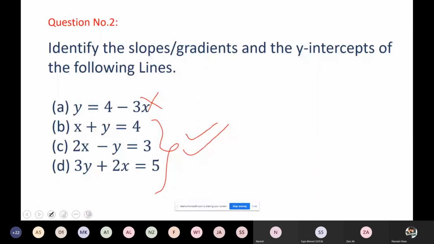Three minutes remaining. Now you're left with 2 minutes for all of these three parts, okay?